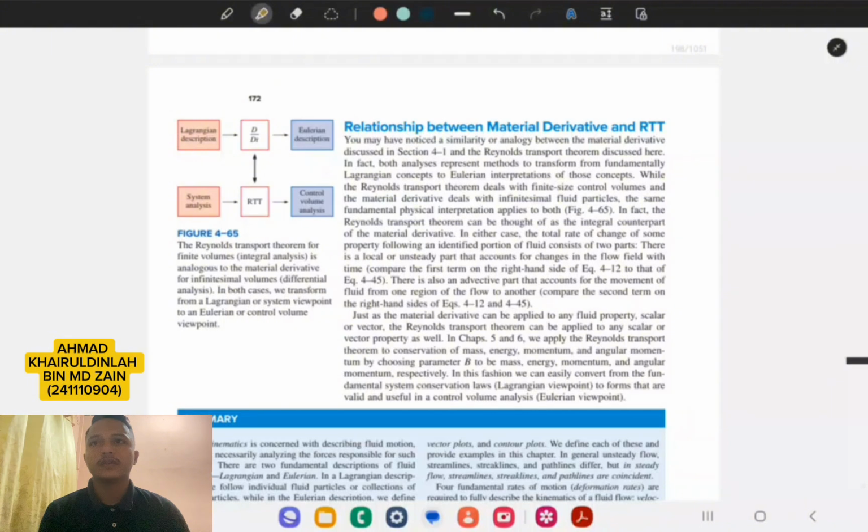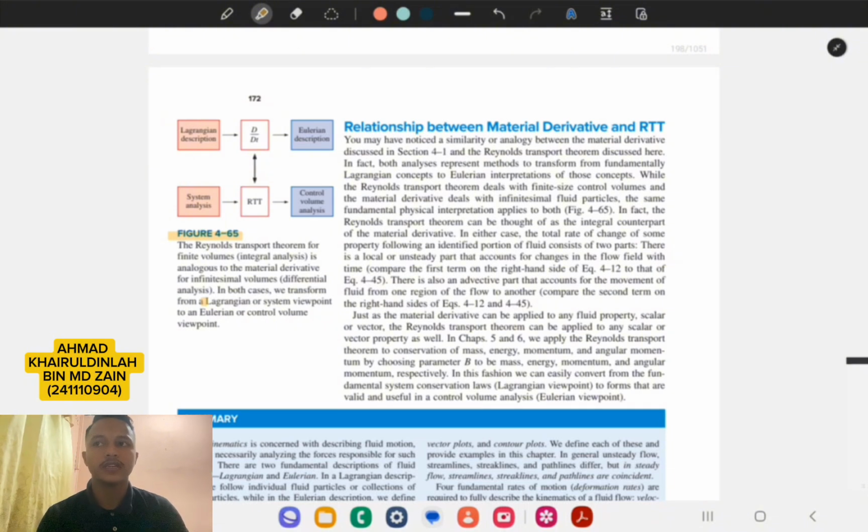So what is the relationship between the material derivative and the RTT? When we look at figure 4-65, the RTT for finite volume integral analysis is analogous to the material derivative for infinitesimal volume differential analysis.